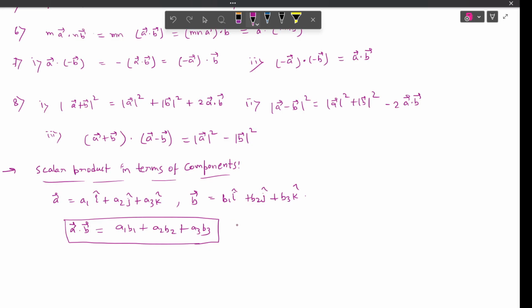So you can remember in this manner, similar product is 1, and dissimilar product is 0 in case of dot product.